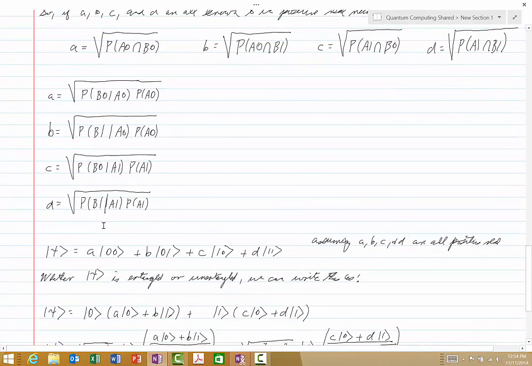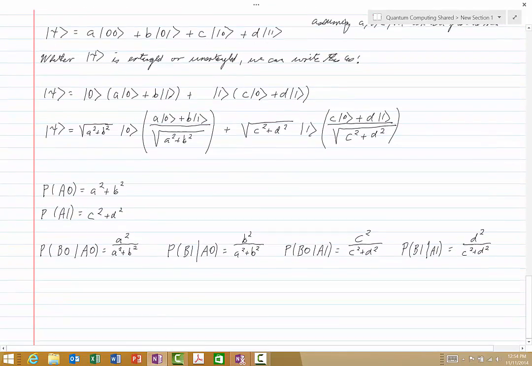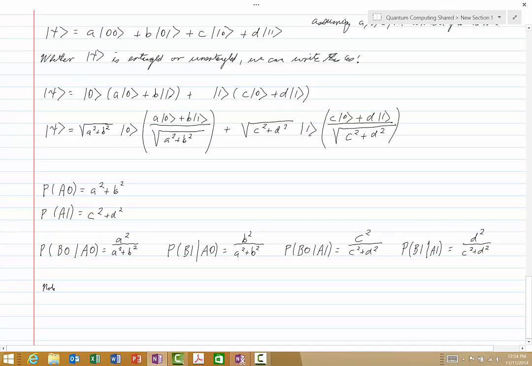In other words, for example, we'll say, note that these equations are consistent with those from above.